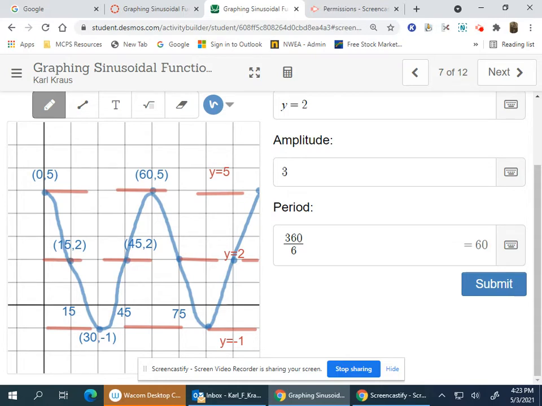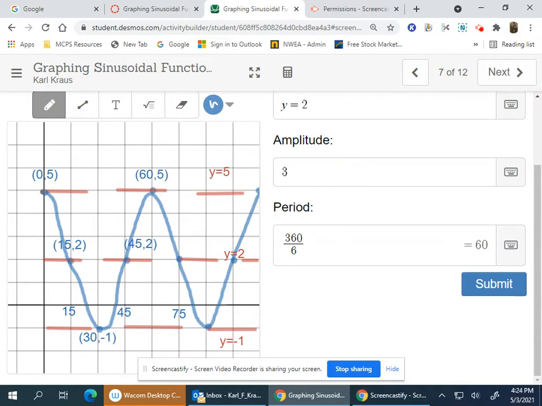So 1, 2 on the center line, 1, 2 center line, 1, 2 center line, and then 1, 2, 3, 4 maximum, 1, 2, 3, 4 maximum, 1, 2, 3, 4 minimum. So notice that I started here at y equals 2, then used my amplitude of 3, so I went up 3 and down 3, and then I labeled those horizontal lines.